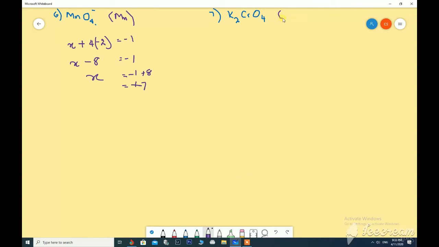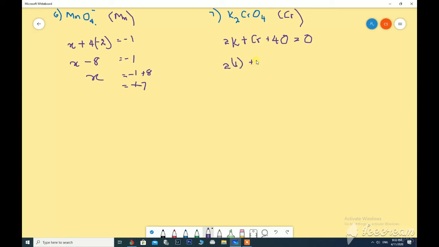Let's find the oxidation number of chromium. 2K add chromium and 4 oxygen atoms. The sum of their oxidation numbers is equal to 0. Group 1A always shows +1. 2 times 1.